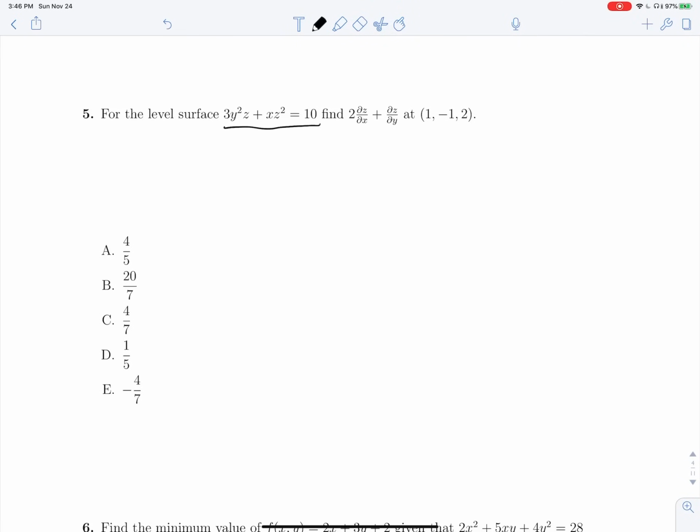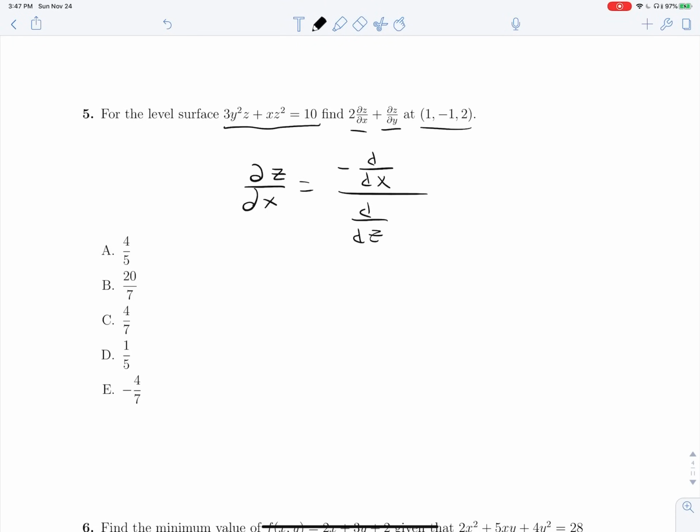For this level surface, we are finding 2 times the partial derivative of z with respect to x plus the partial derivative of z with respect to y at this value. So we know, this is some implicit partial differentiation, we know that partial z partial x is going to be the same thing as the negative dx over dz.